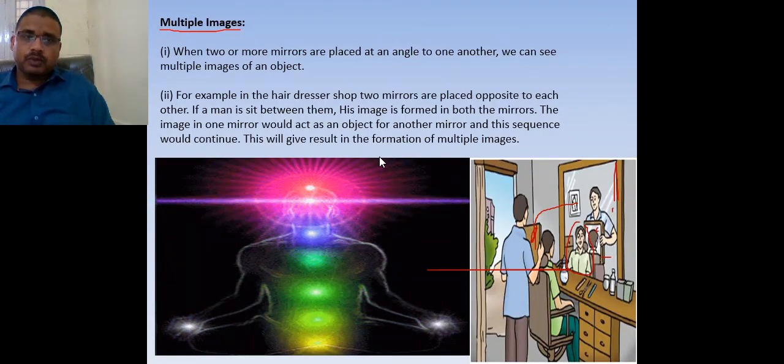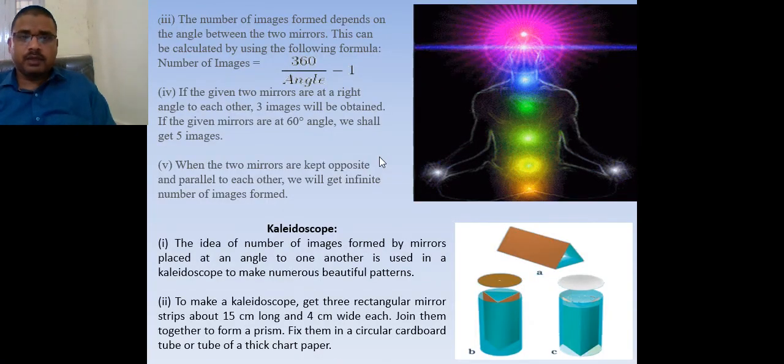So it is all about multiple images. These points I have already discussed. Whenever you want to find out how many multiple images will be formed in a given condition, there is a formula.